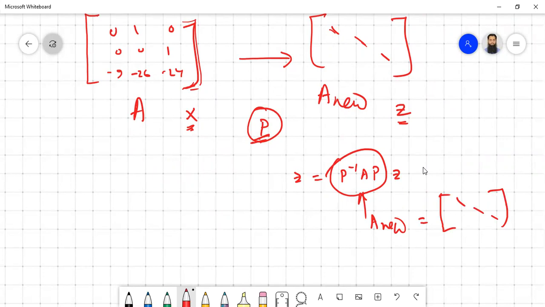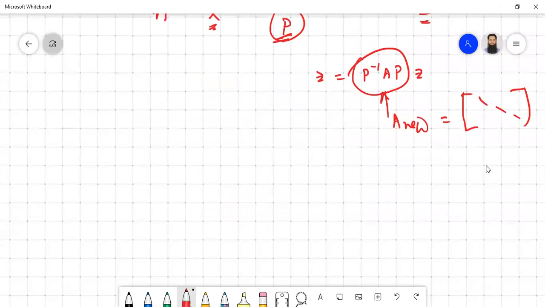For doing that, we have to know about eigenvalues. So the definition of eigenvectors and eigenvalues will be helpful.